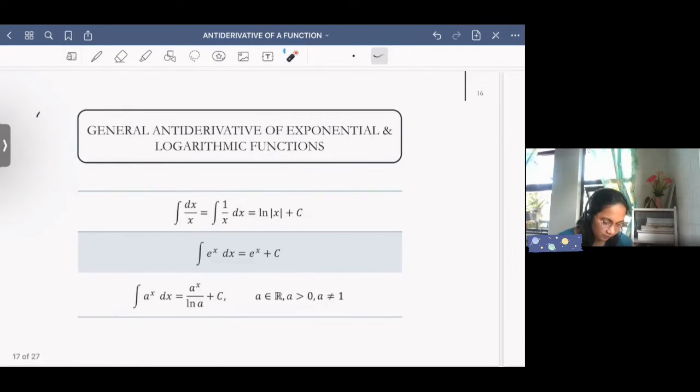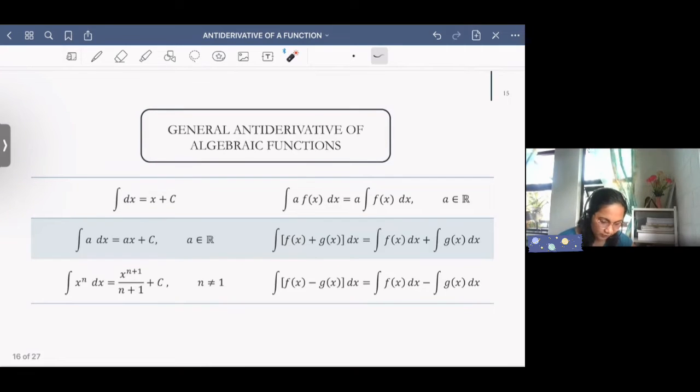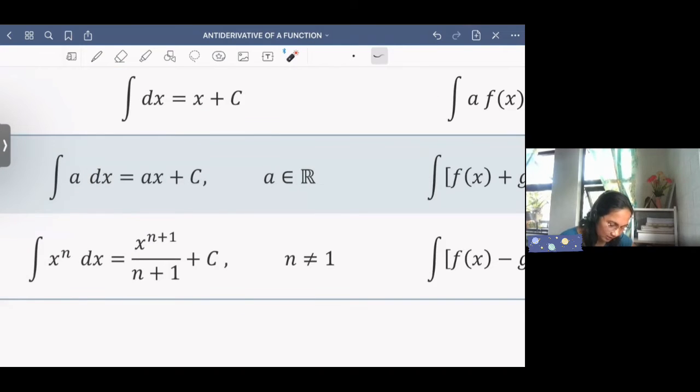Alright? So, if we are going to check for these general antiderivatives of algebraic functions, it says that the integral of x raised to n, wherein n is any real number, dx is equal to x raised to n plus 1. As you can see, we add 1 to the exponent and then divide by n plus 1, and then plus c.